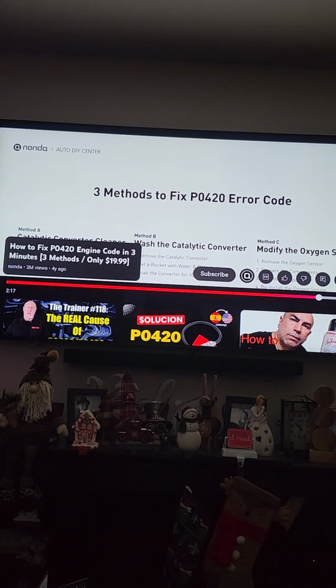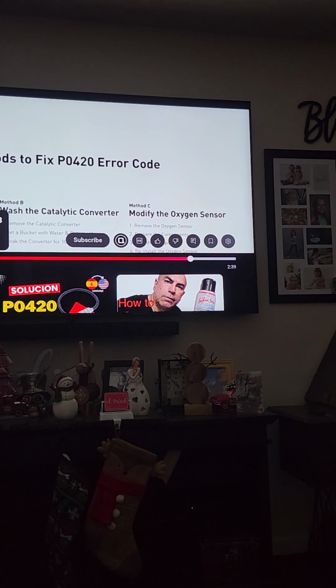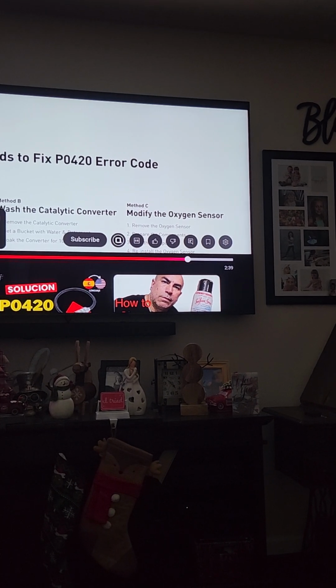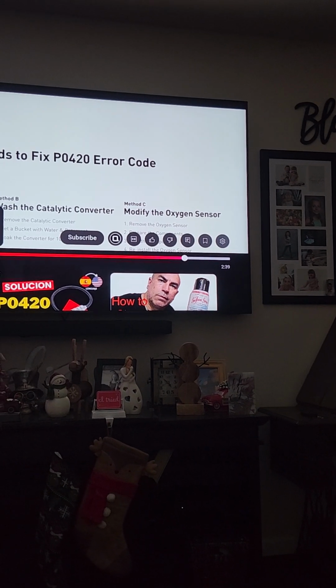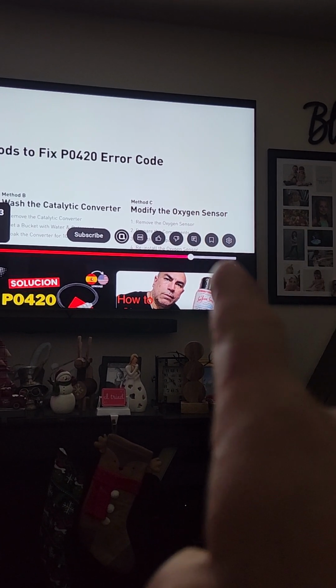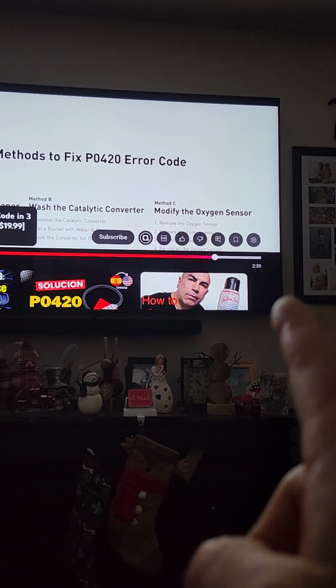Soap and water is just not going to do it. And then method C is tampering with your emissions package and doing it all the wrong way, which I would never advise. It's not a fix. It's a magic trick and it doesn't always work.